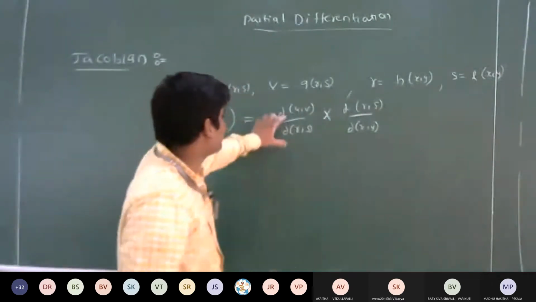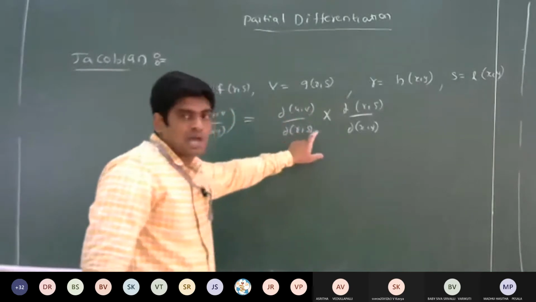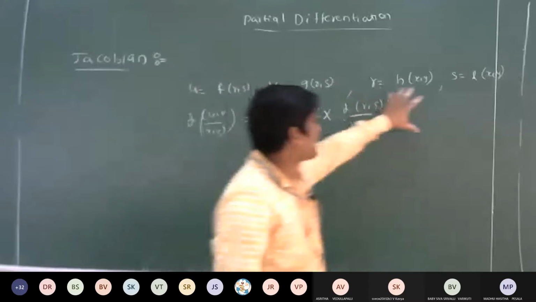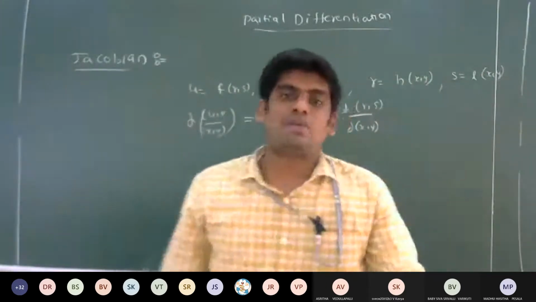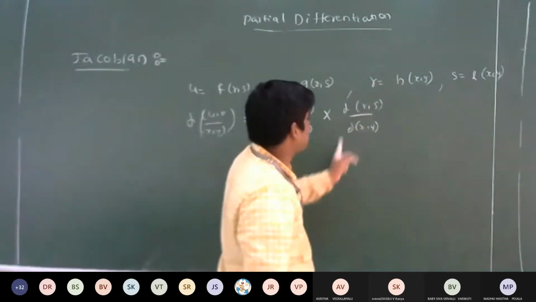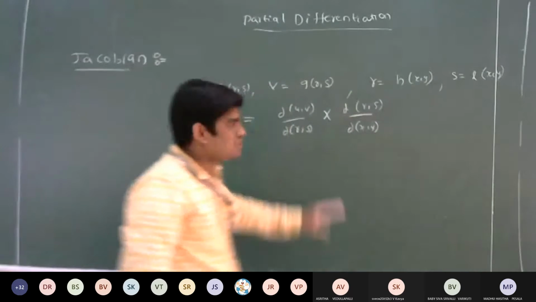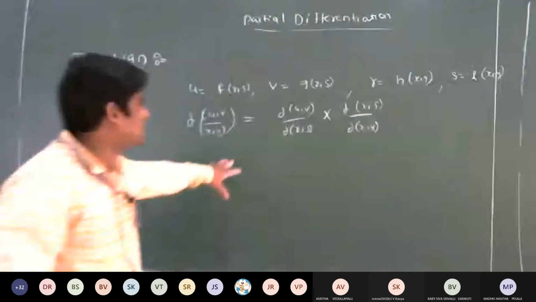So first we calculate the Jacobian of u, v with respect to the variables r, s. Coming to the second one, r, s are the dependent variables and x, y are the independent variables, so we take dou of r, s by dou of x, y. This is one of the properties of the Jacobian. Is it clear to everyone?